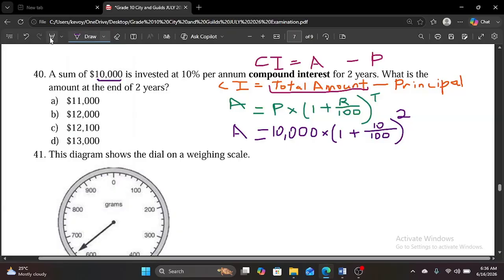What we normally do is work what is inside our bracket first, so we add our whole number 1 with this fraction 10 over 100.